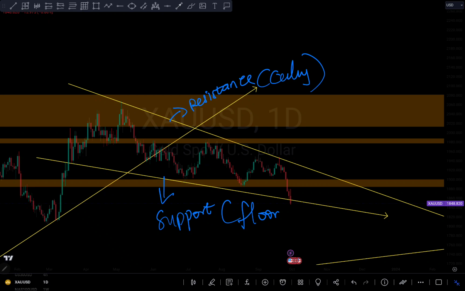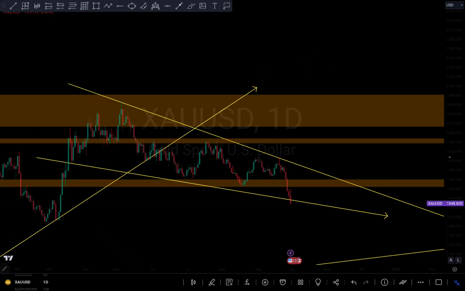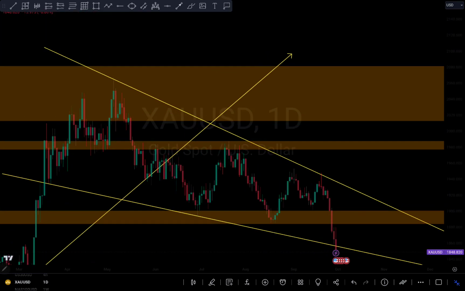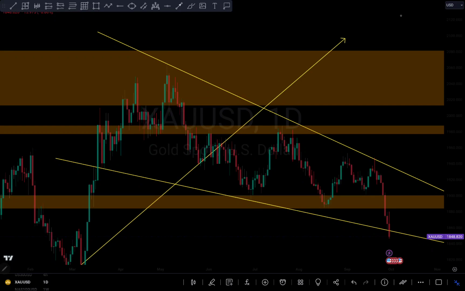And always remember that your resistance can become support, and your support can become resistance when it breaks. Let me explain that before I forget. This is a perfect example to explain that.